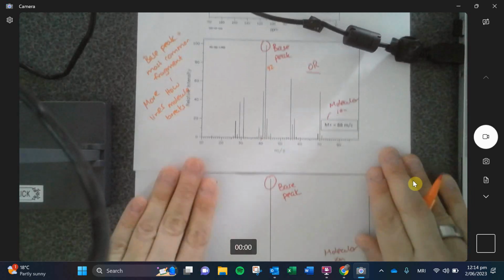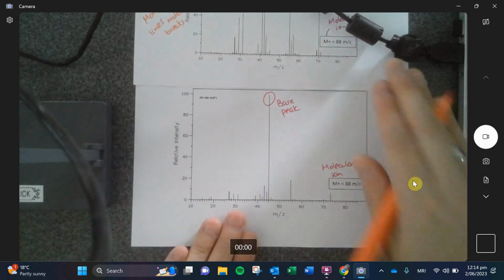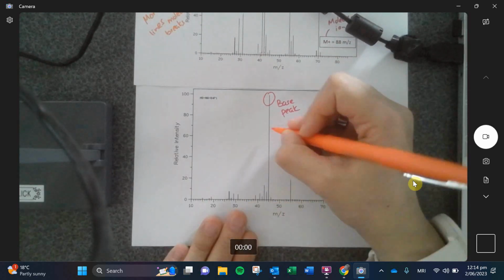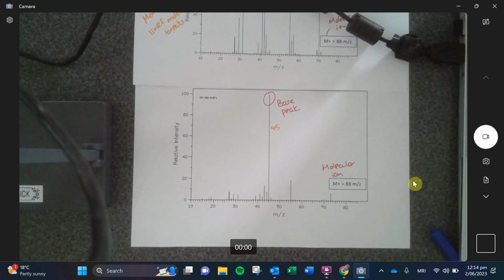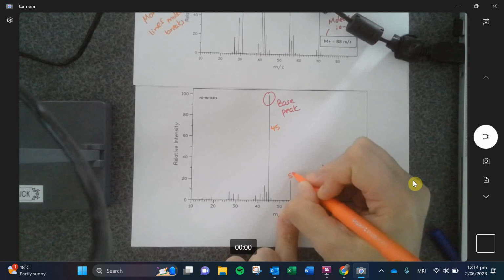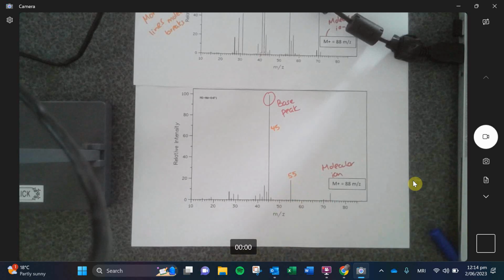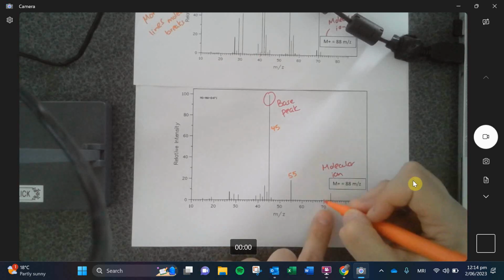It's okay. All right, this one down here, when I'm looking at it, the base peak is at 45. This one also seems to have a nice big peak at 55. I'm just making notes of where I see things, so that when I break up my molecule, I can get trends and patterns. This one here, 71.